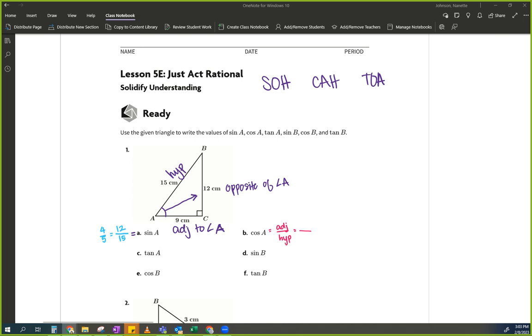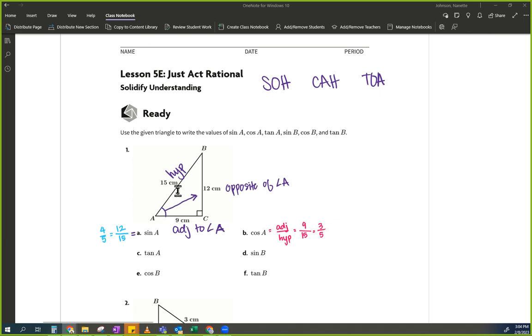Perfect. So both of you said 9 over 15. And then you said, okay, I can also simplify it to 3 over 5. Good. The interesting part here is that the angle has two equivalent answers, and one of them is a smaller version of 9 and a smaller version of 15.